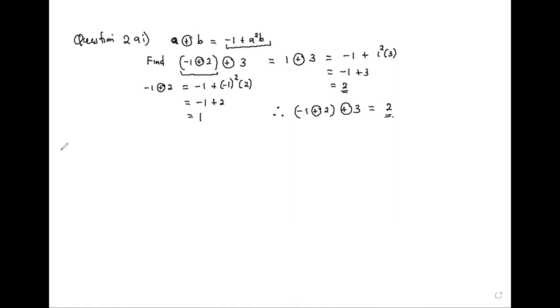Then part 2, given that P star Q is equal to 2P plus 3, find the value of X if X star 1 plus 2 star 3X is equal to 27.